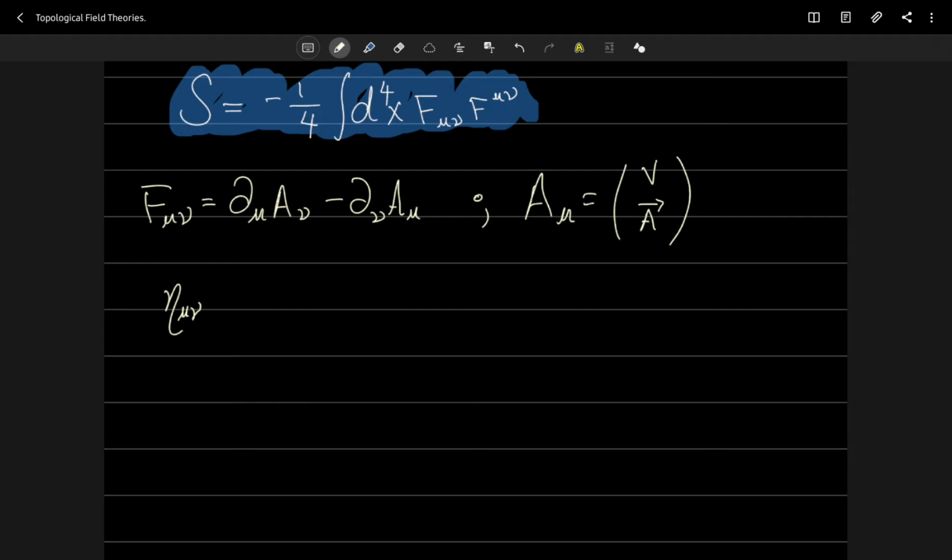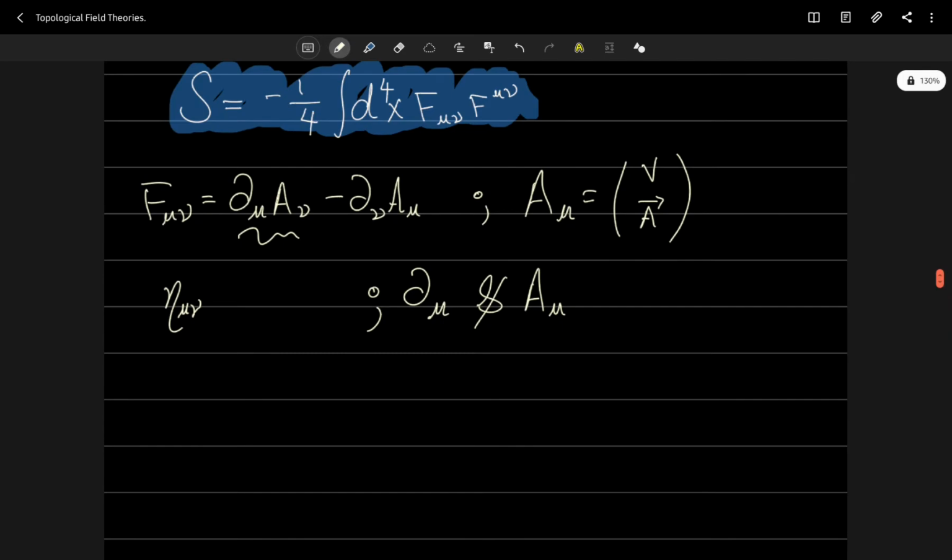But if you recall that the basic ingredient is partial mu and A mu, right? So this is your basic ingredient, and so then you can ask what is this thing? So what is F mu nu?